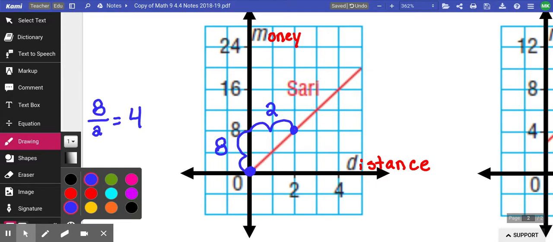What that represents is she makes $4 for every kilometer. I assume it's kilometers. So she started at 0, right? We found her starting point, but then we found her rate, her slope at which she's increasing money.